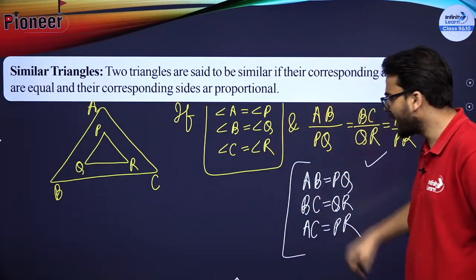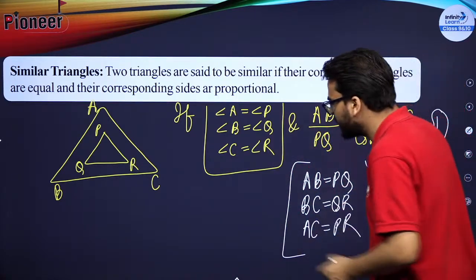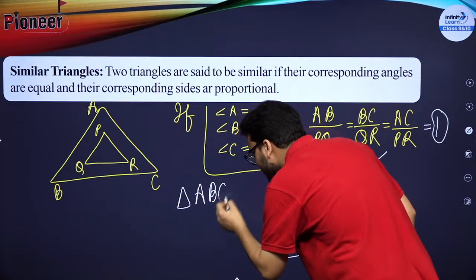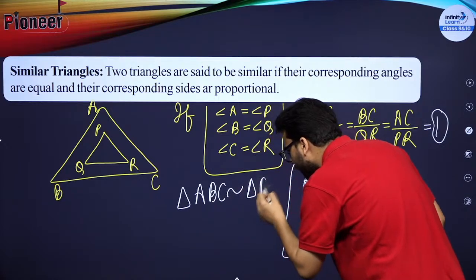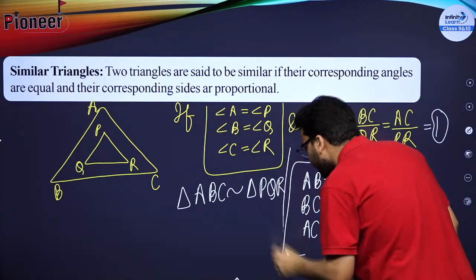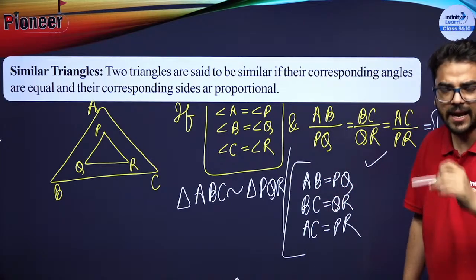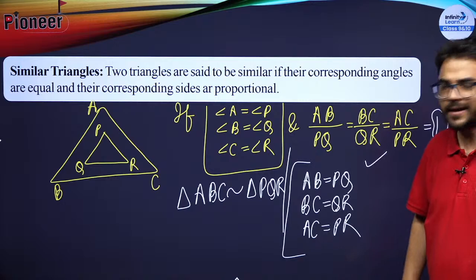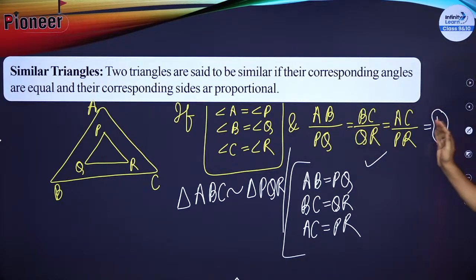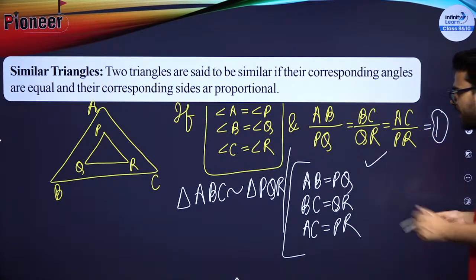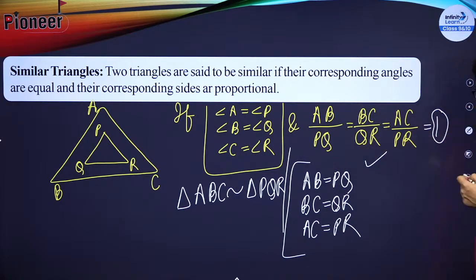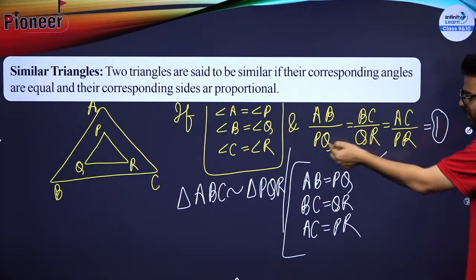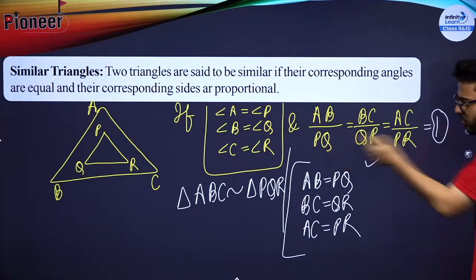Now the question arises, the first thing is how do we write it actually? So ABC is similar to PQR over here. I hope it is clear. Once again, congruency is a special case of similarity when the ratio of corresponding sides is equal to 1, because if you take AB by PQ equal to 1, then AB is equal to PQ.